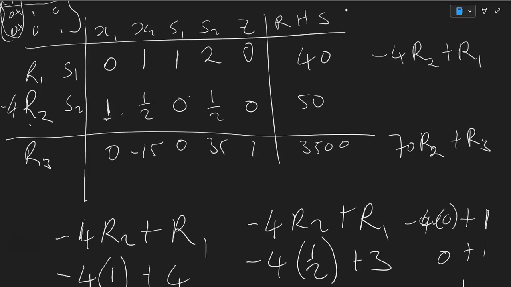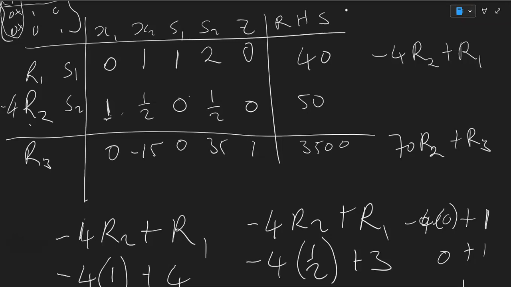Now, having done this, the only point we are going to stop is when we don't have any negative in row 3, in the objective function. We don't want any negative. So we have again to start all over again what we did. We identify the most negative.